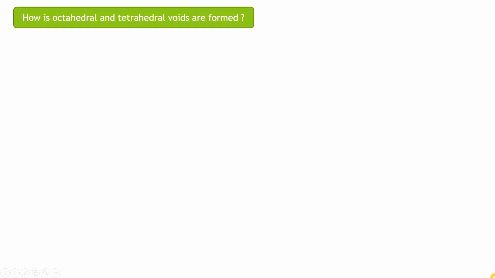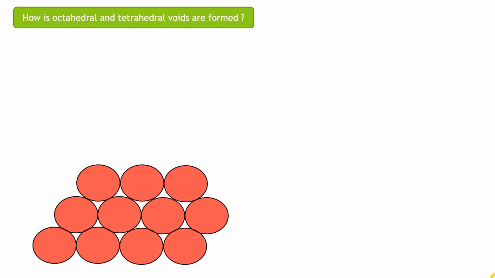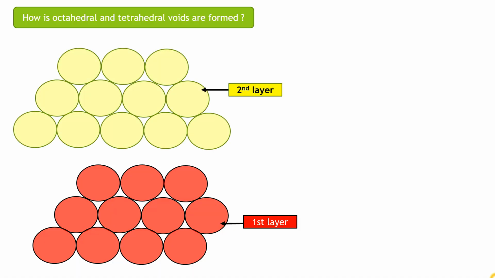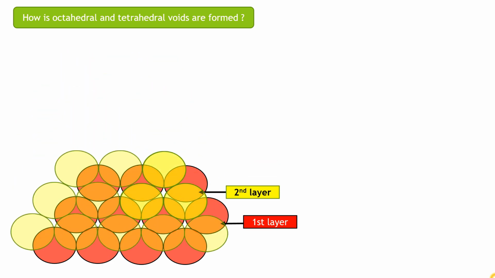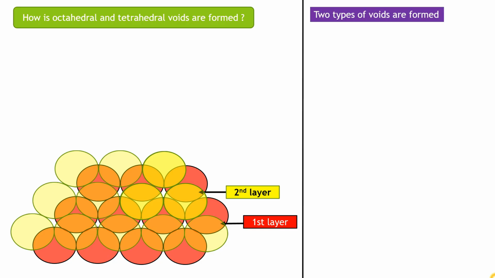How are octahedral and tetrahedral voids formed? Consider the first layer of hexagonal close packed structure, and when the second layer of hexagonal close packed structure is placed on the first layer, 2 types of voids are formed. First, octahedral void.